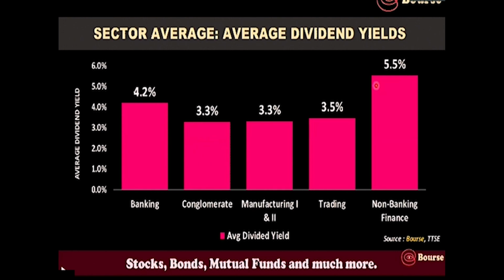Now, take this information with a grain of salt again, because there's been a lot of price volatility, particularly over the past 2.5 odd years in terms of stock markets, and in particular, that market. The stock market has been on a bit of a decline over the past 2.5 years, as Bourse would have reported in some of its earlier presentations.